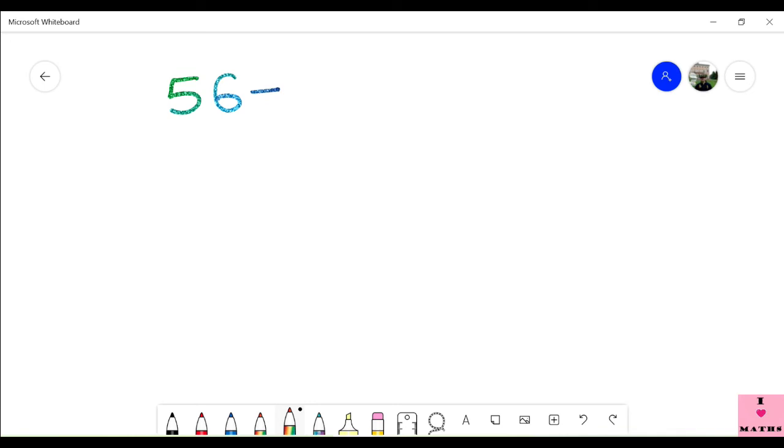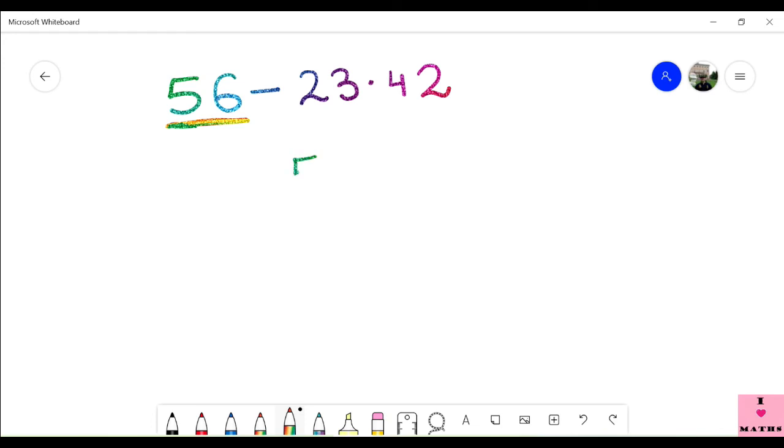56 minus 23.42. Now children, 56 is a whole number. There is no decimal part or no fractional part in 56.